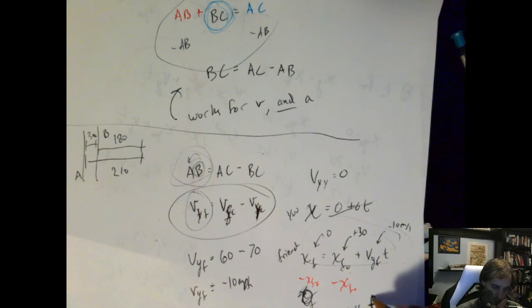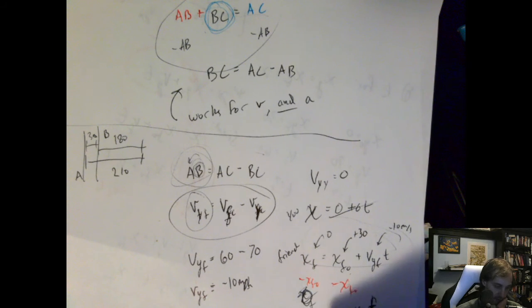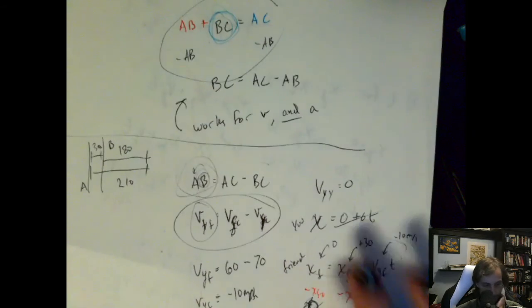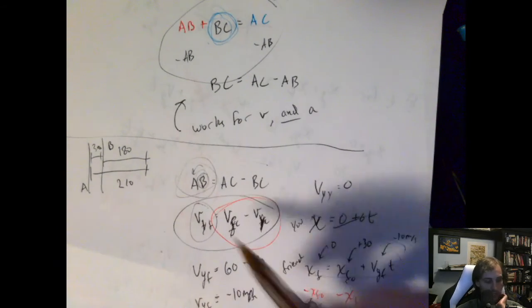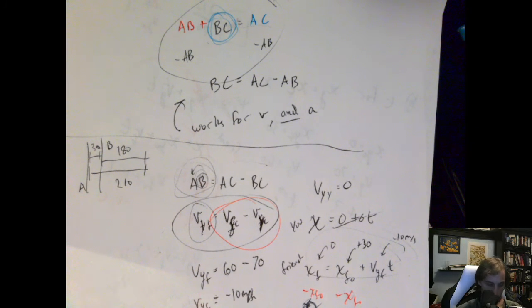I'm resorting to old habits on my t's. Divide each side by vyf, which, remember, the way that we got that was by subtracting the two velocities. And subtracting the two velocities with the opposite sign as the way we're subtracting the two positions.